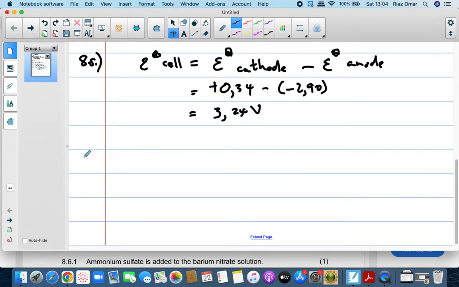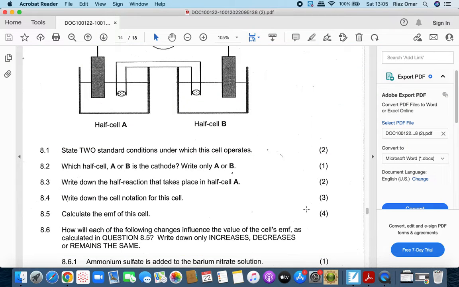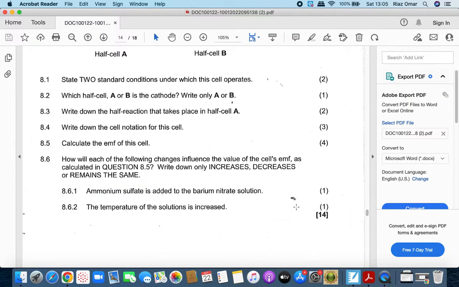8.6. 8.6.1. If you look at the sum, the ammonium sulfate is added to the barium nitrate solution.